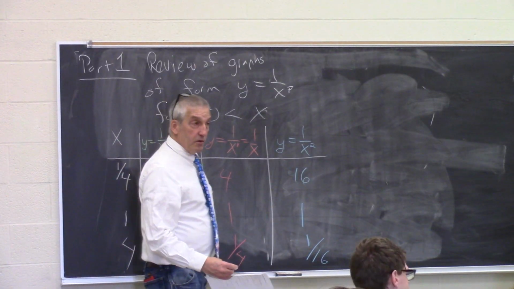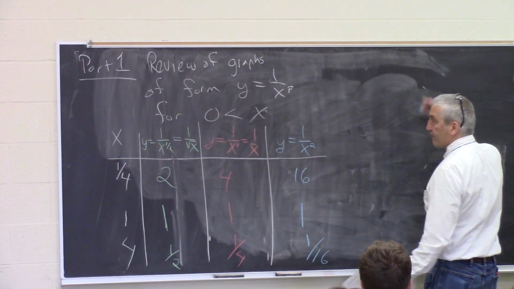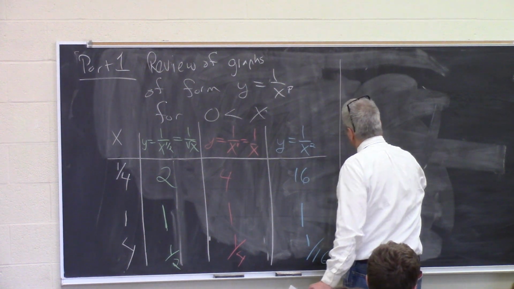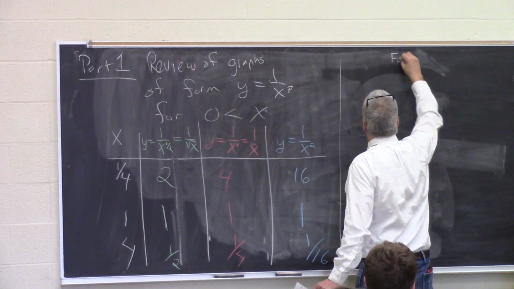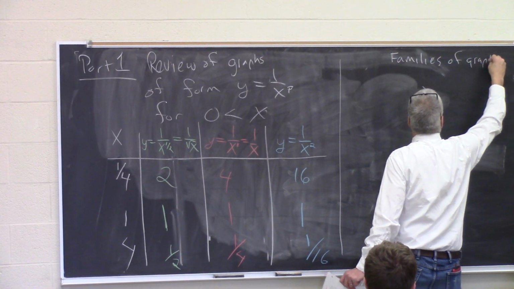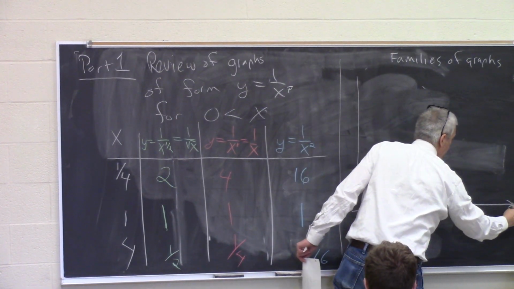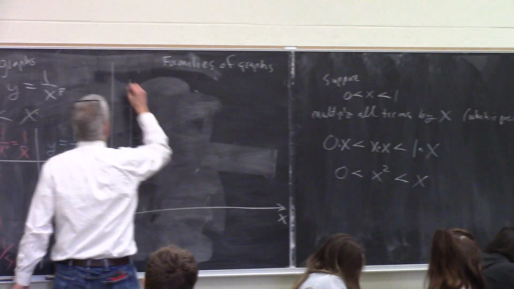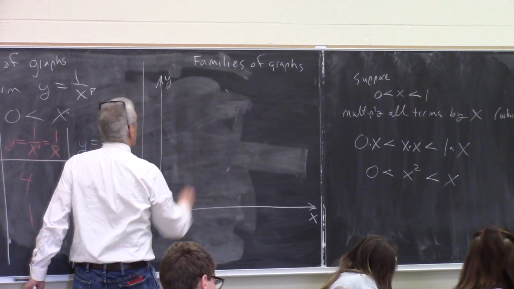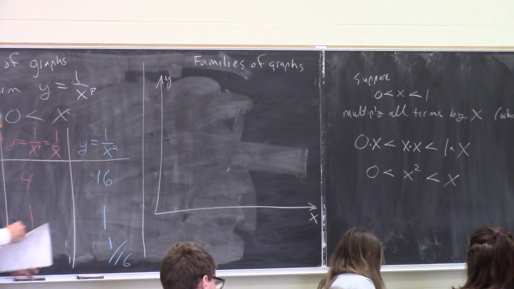Now I'm going to do a little bait and switch. I just chose 3 particular values of p. But I'm going to change now to families of graphs. So we're considering x greater than 0. So there's my x, here's my y, and the graph of y equals 1 over x, we already know. I'm going to actually draw that one, and it's got these 3 points on it.